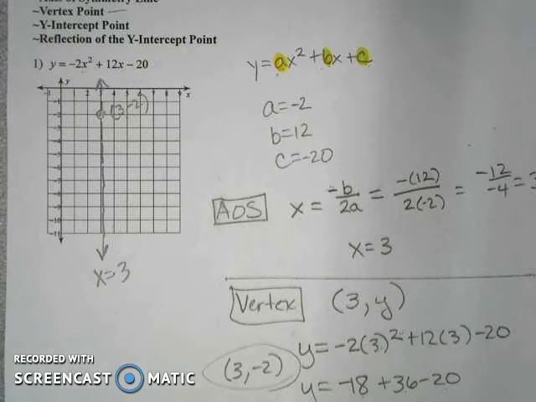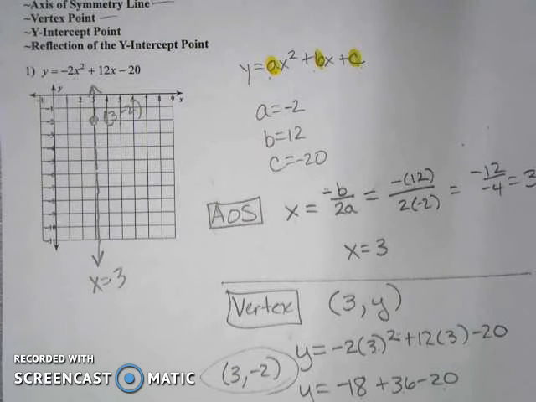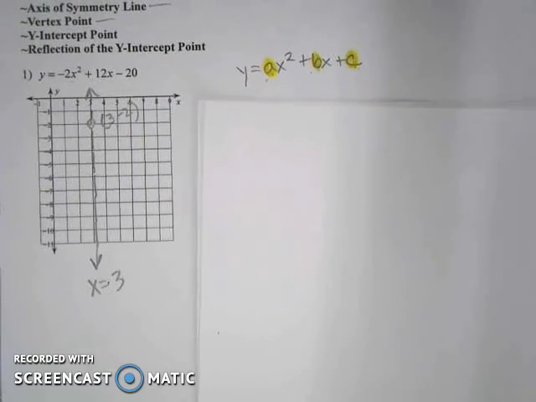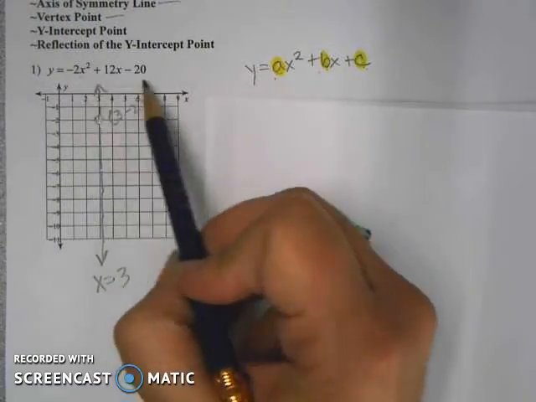Next, we want to find the y-intercept point. Now, you may remember that the y-intercept is always going to be where x equals 0. So if we know that the y-intercept point is where x equals 0, then really all we have to do is plug in 0 into our equation.